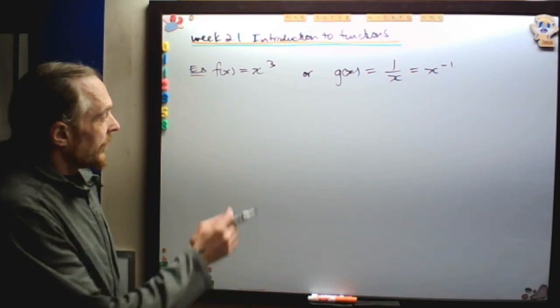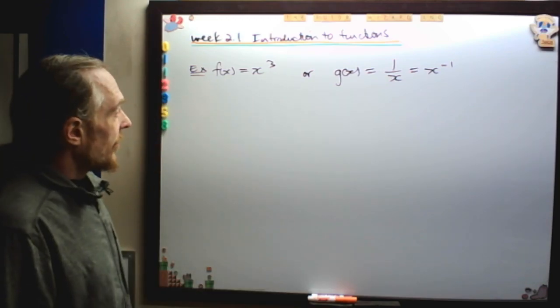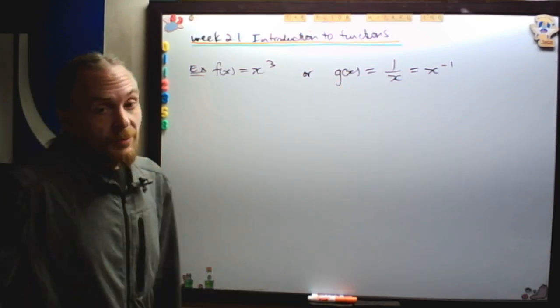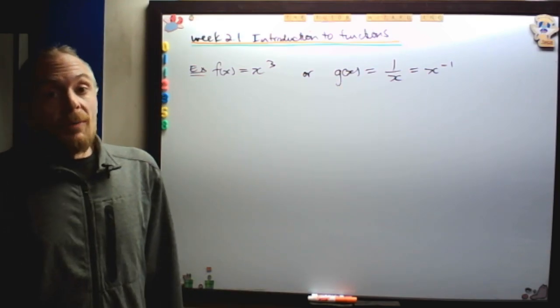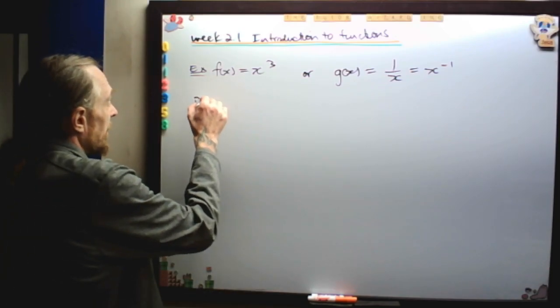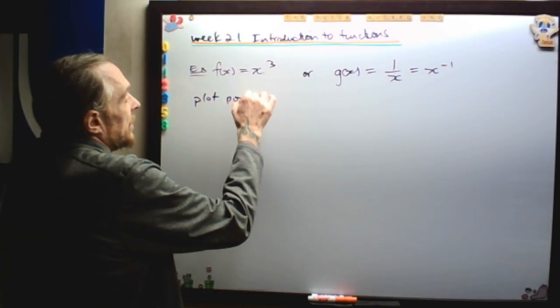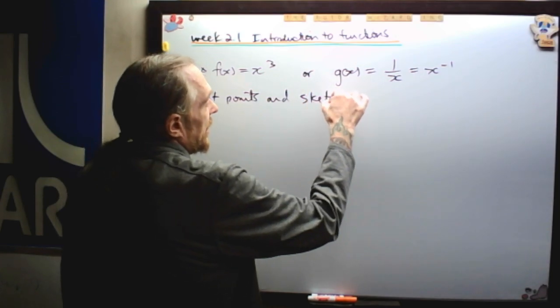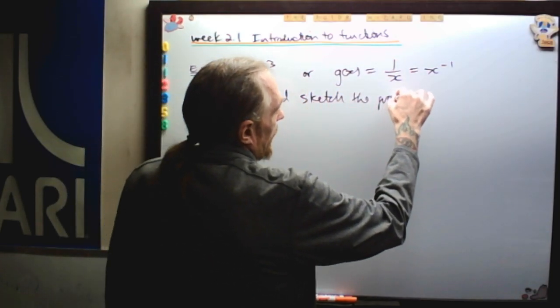So what are these? We've now given a description of these, and I picked one which has a domain of everything and one where we have to restrict. So first of all, when we want to start analyzing functions, the first thing you can do is plot points and try to sketch the graph, we're going to call it.